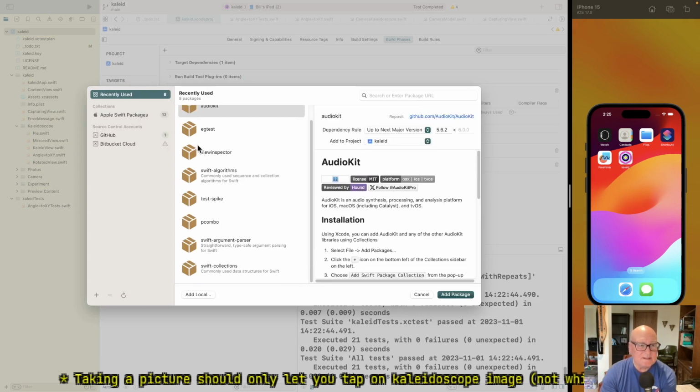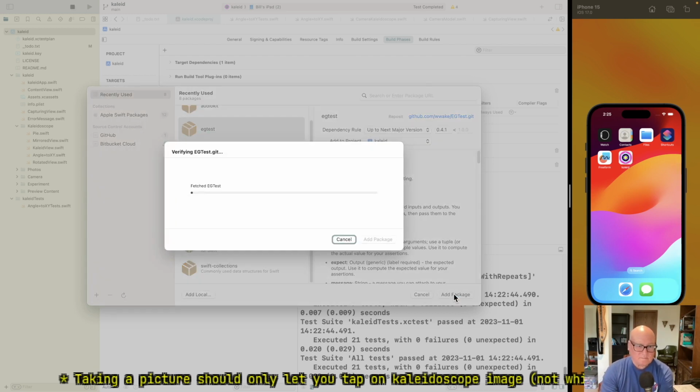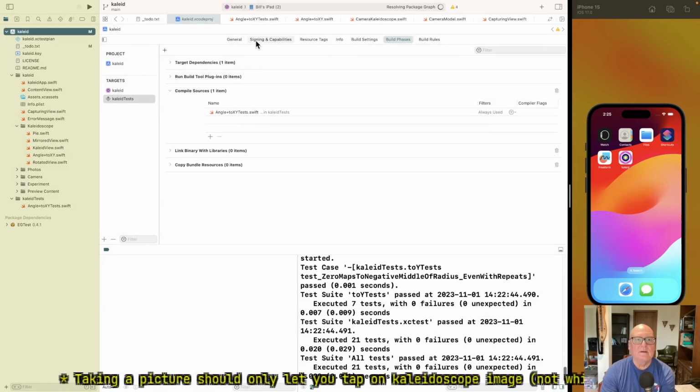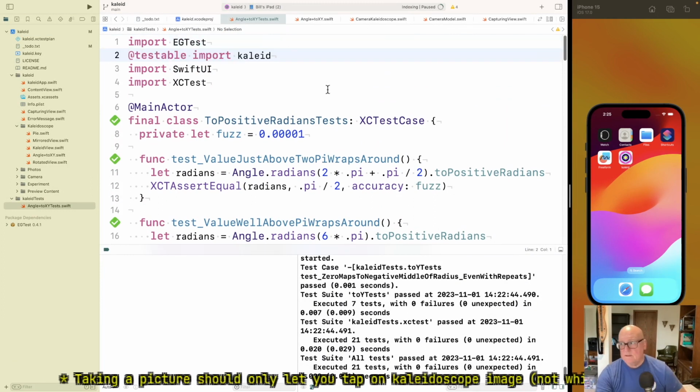P-test, EG test. Yeah. Okay. And angle to XY tests. For EG test.